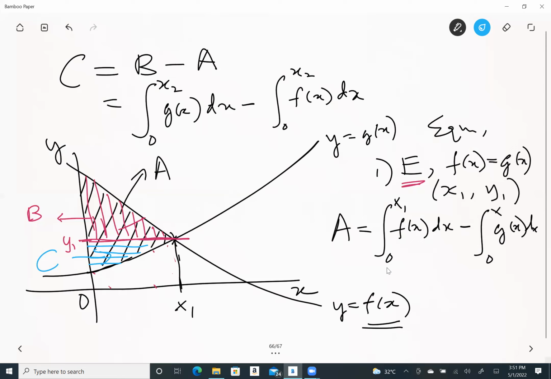So you need the area under y1 from 0 to x1, or in other words, you need the integral from 0 to x1 of y1. That will be the rectangle. We know that already. But you don't want the rectangle. I want only that part. So what do you have to take care of? I have to subtract the area under what? Under g of x from 0 to x1.